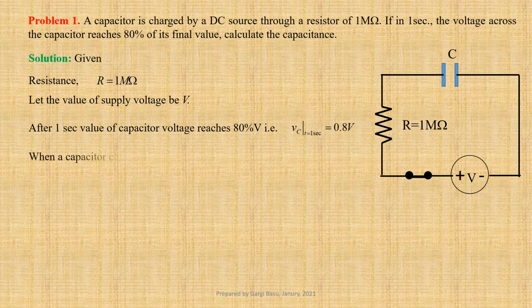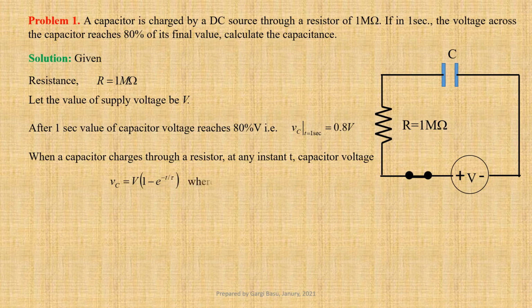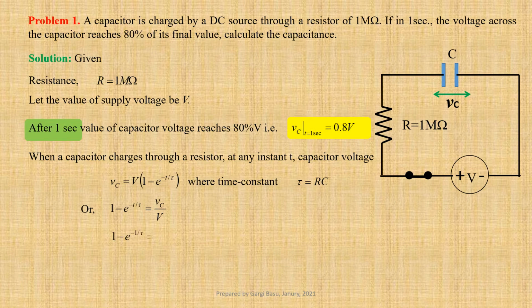When a capacitor charges through a resistor at any instant t, capacitor voltage Vc equals V into 1 minus e to the power minus t by tau, where time constant tau equals R into C. Or we can write 1 minus e to the power minus t by tau equals Vc by V. Putting values, we get 1 minus e to the power minus 1 upon tau equals 0.8.